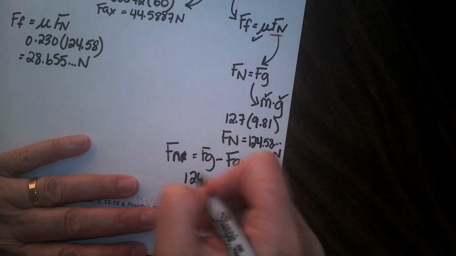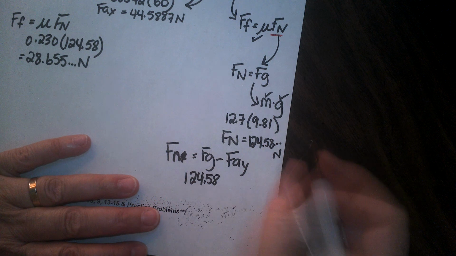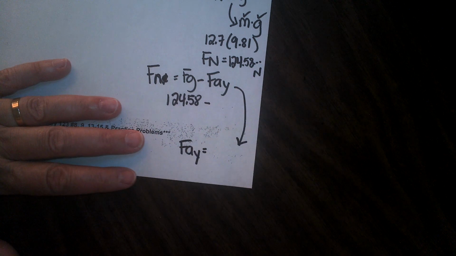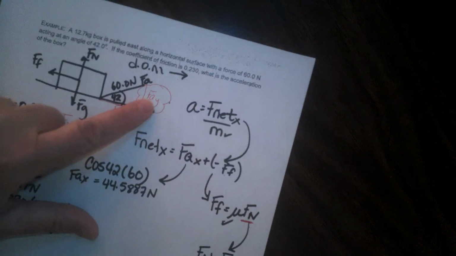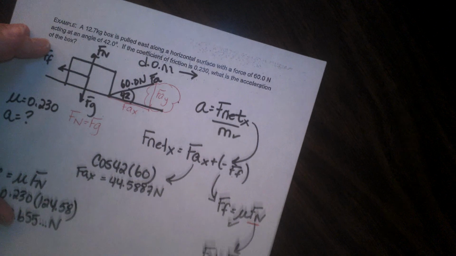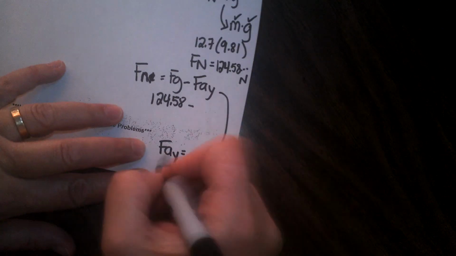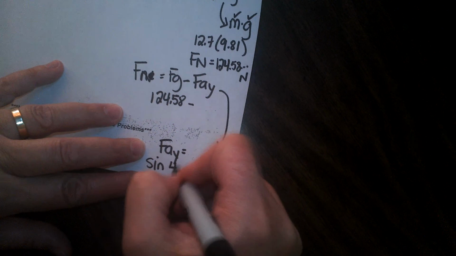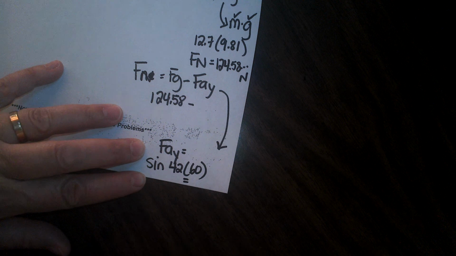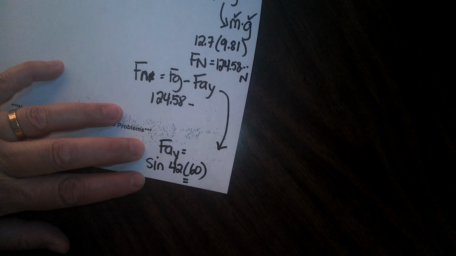So this is 124.58 minus, what would force applied y be? How would we solve this piece here with this diagram? Sine of 42 times 60 is equal to what? How much?